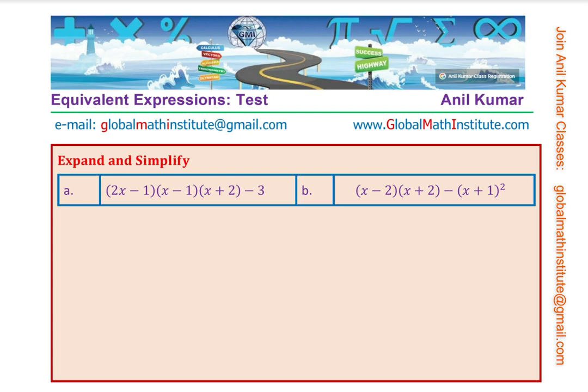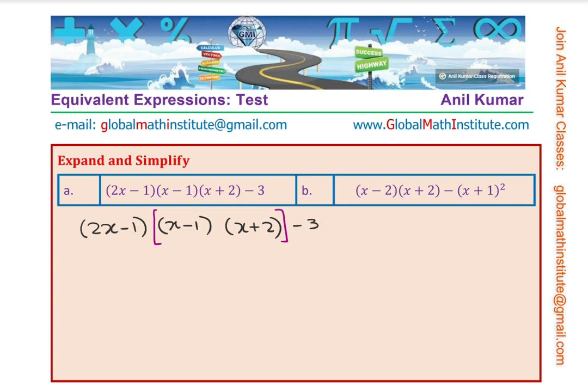So the very first one is 2x minus 1 times x minus 1 times x plus 2, minus 3. Now in such cases, you should multiply any two of them first and then with the third one. Let us say these two will be multiplied first.